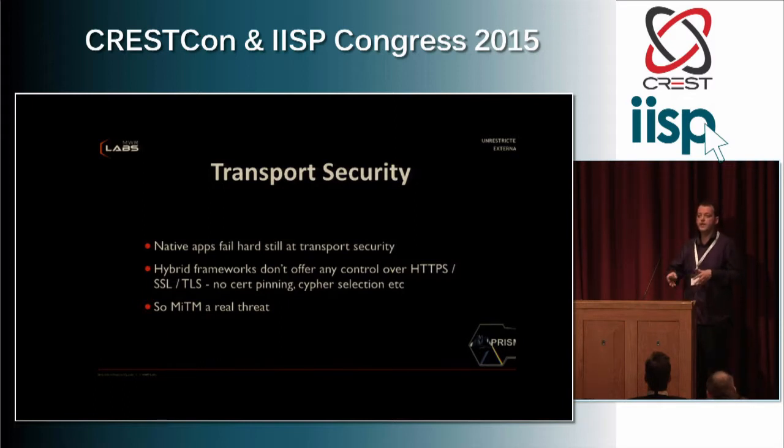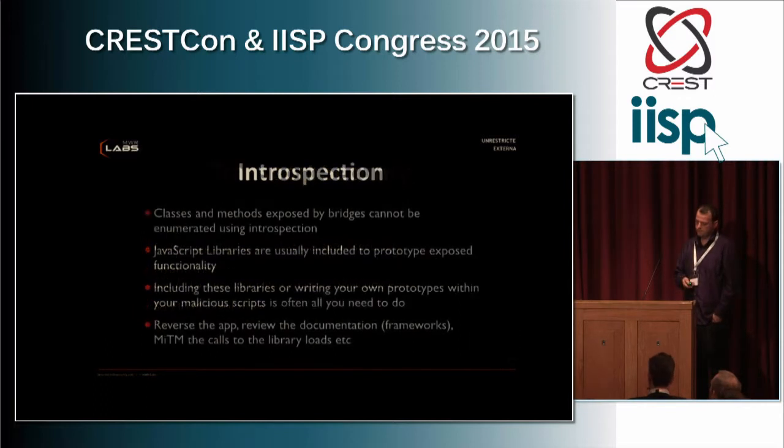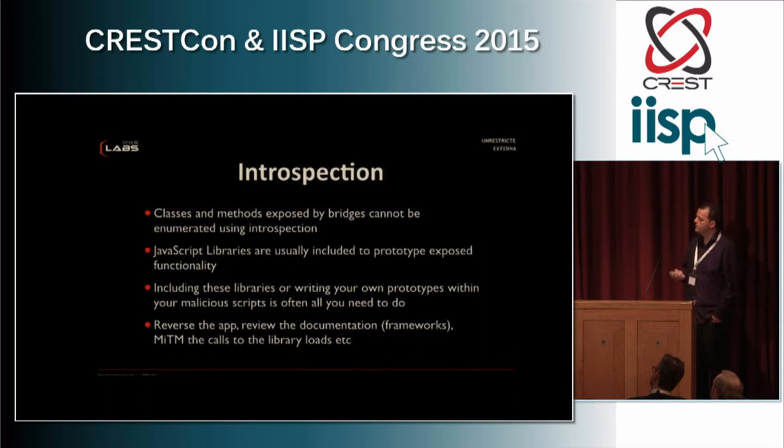So straight away, if you're using HTTPS connections, they can be downgraded, often man in the middle. Or most of them just default to HTTP anyway. Introspection, you can use introspection to basically discover any exposed classes and methods.